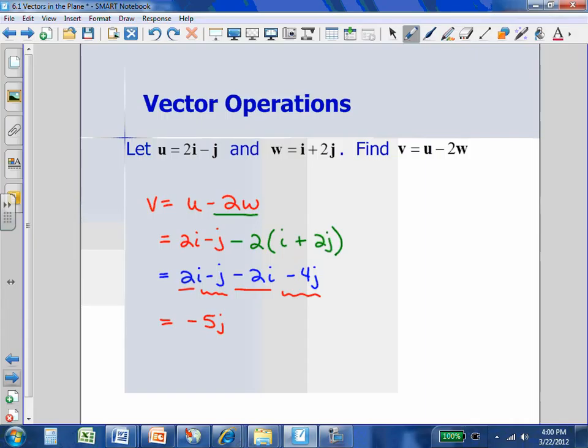So we can write it just like that as negative 5j. If you were going to write it in a component form, it would be 0, negative 5. All right, so again, this is the component form, and this is the linear combination form.